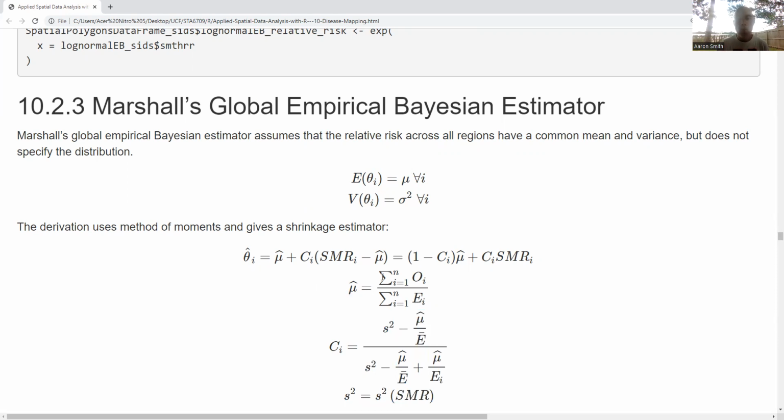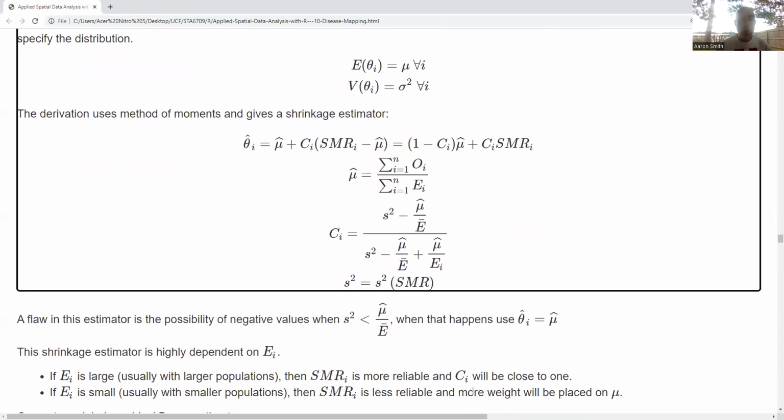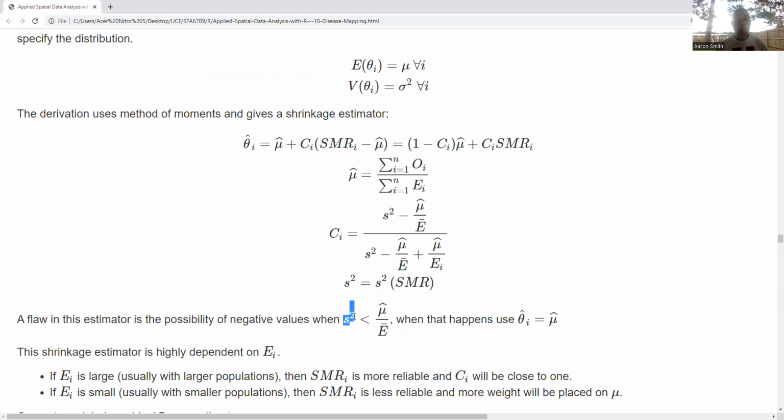And the mu definitely makes sense: the total number of observed divided by the total number of expected. And when we say S squared in these formulas, this is the estimated variance of SMR. A flaw in this is that we could actually get negative values if the estimated variance is less than this ratio. When this happens, we would just use the naive, simple global estimates.